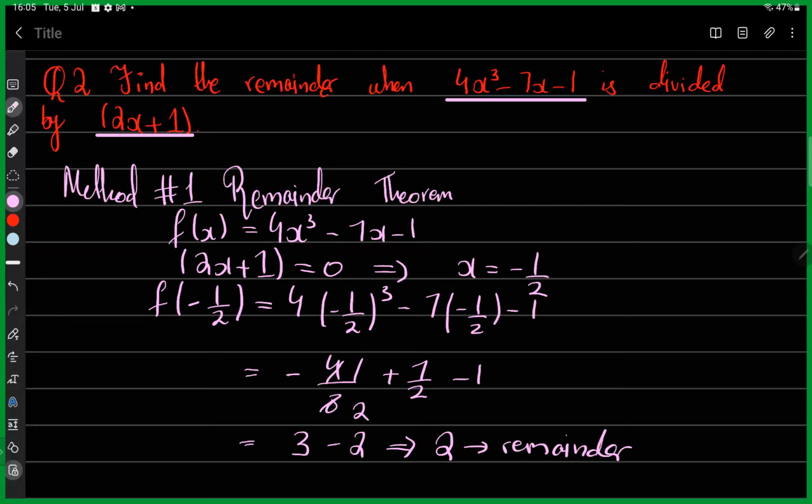So we have two methods of finding out the remainder. Method one is just use the remainder theorem, because the remainder theorem is basically made for this and you can directly use it. But since here we are discussing division of polynomials, let's do it through method two as well, where we will be dividing it through long division and then we will find out the remainder. So let's just scroll up.